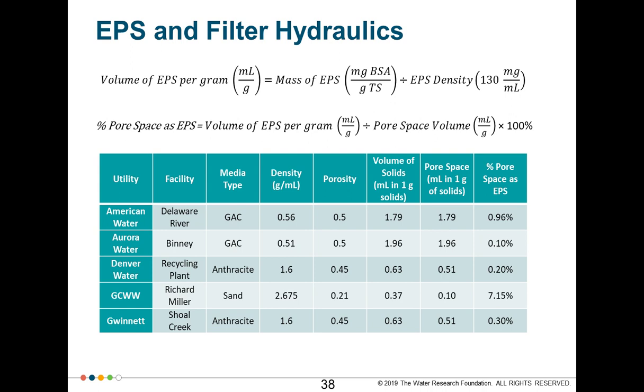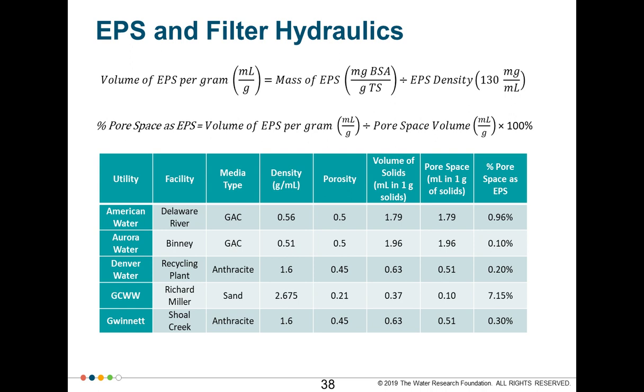Just to get a little bit deeper into that, we did try to see what relationship there was between pore space occupied in a biofilter to EPS concentration to see if the differences in the filter design, if it's a GAC filter, and the porosity and the size of the particles had an impact on the pore space that was available for EPS growth.